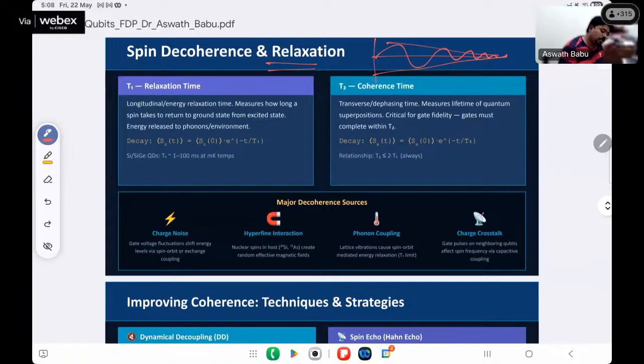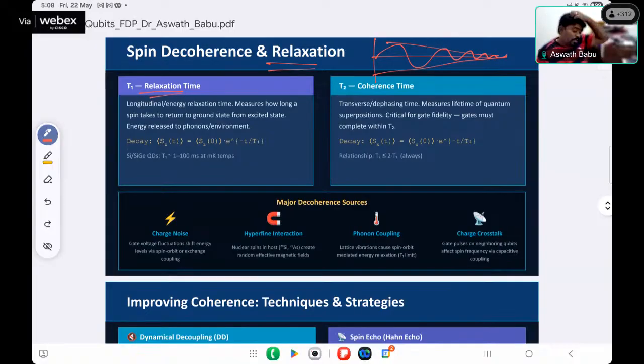This happens because the lifetime of the up spin is going to relax, or the oscillation is going to relax. It's like a pendulum. If I give a large amplitude, I have longer oscillations. If I give a small amplitude, there are fewer oscillations. At the same time, if I do the oscillations in air, I'll get long-time oscillations. If I do the same experiment in water, I'll get fewer oscillations.